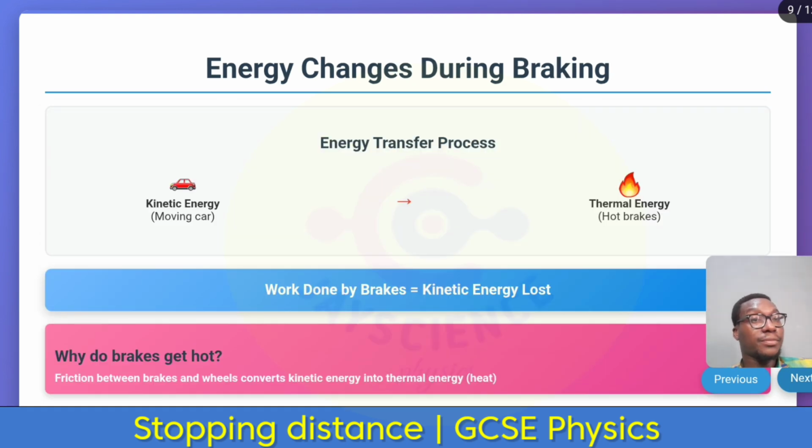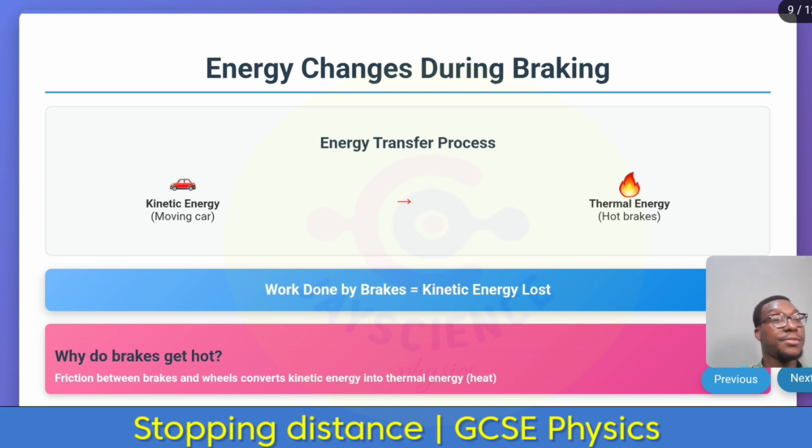And yes, what is the relationship between energy transfer and braking? So what simply happens is that when you apply your brakes, before that time, your car has a certain level of kinetic energy. And that energy will be converted into thermal energy.